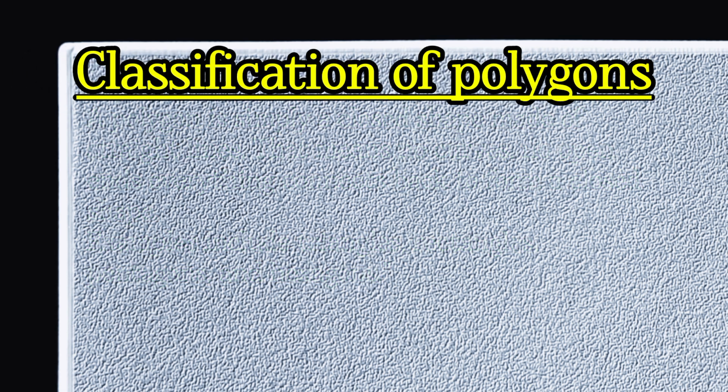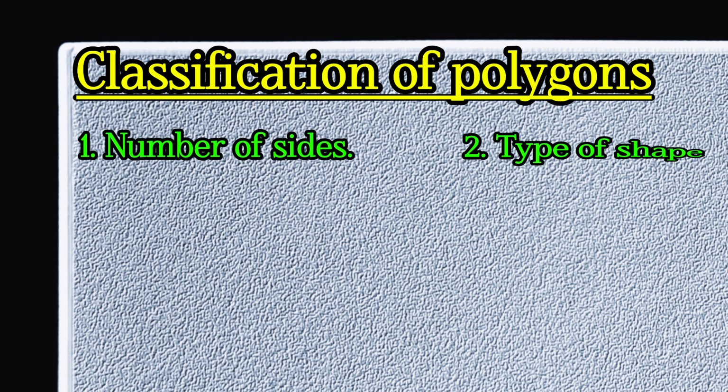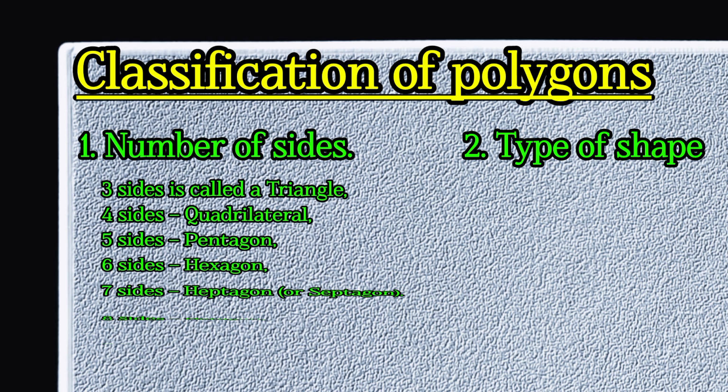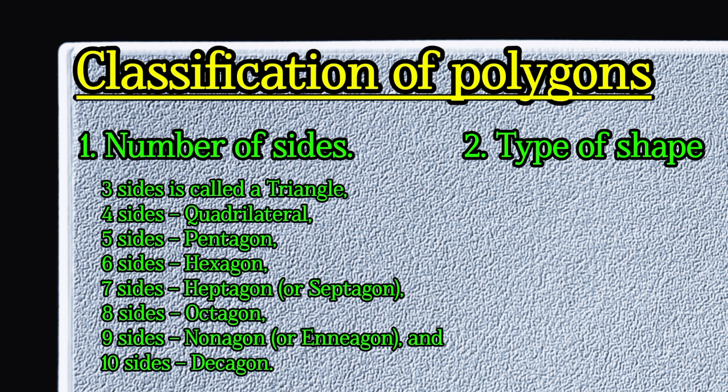So we have classification of polygons so that we can understand better. Polygons can be classified in two main ways: by the number of sides and by their type of shape. So based on the number of sides, a polygon with 3 sides is a triangle. With 4 sides, it is a quadrilateral.